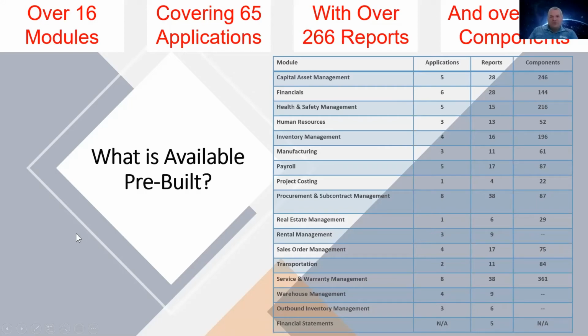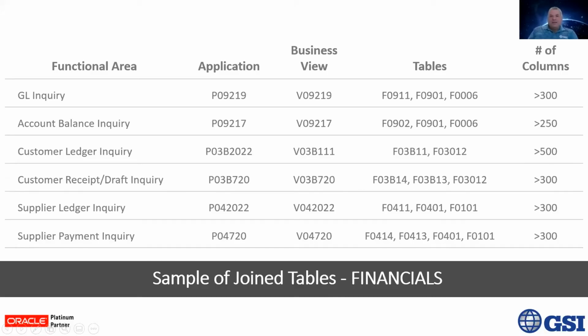Here's an example. Think about your account balance inquiry. Normally you have an account number, and for expenses, it's a one-line item. But what happens if I have multiple departments? I have warehouse departments, administrative departments, and a bunch of other departments that belong to the cost center. They are cost centers, right?